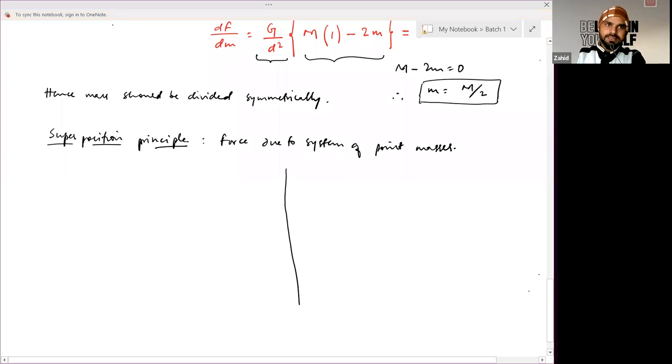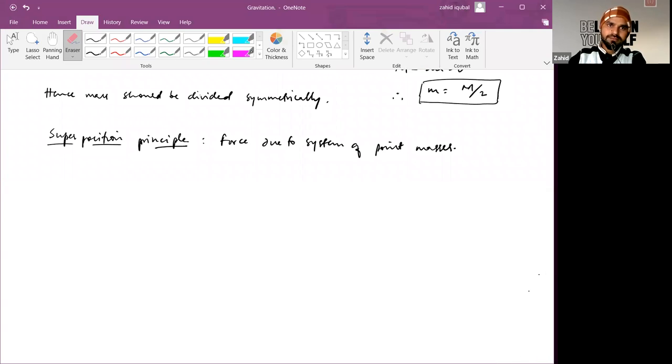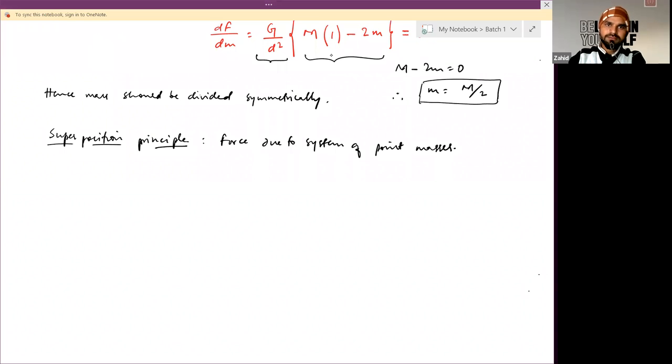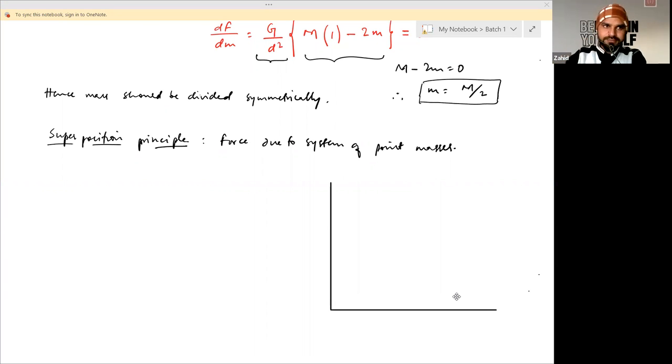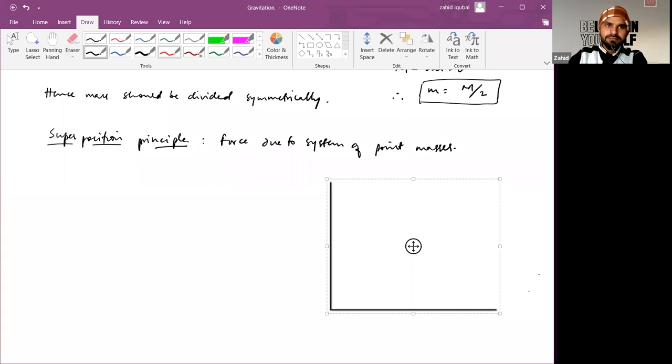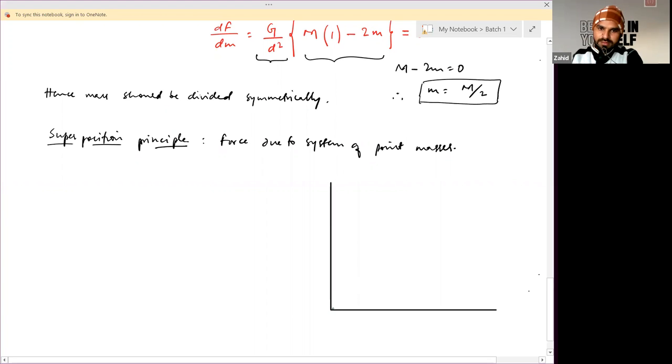Suppose you have a space. There is a particle at this point, another at this point, another at this point, at this point.